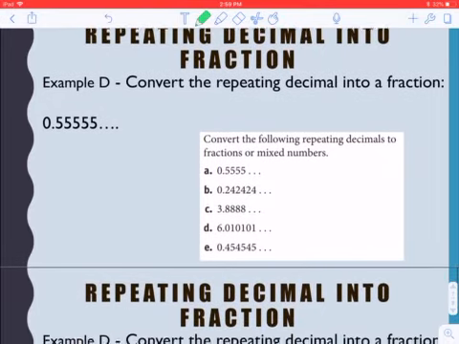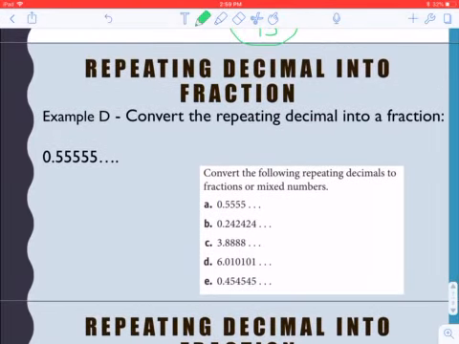Let's do another one. I'm not going to do all of these. I'm just going to do a couple. So I want to convert the repeating decimal into a fraction. It's 0.5 repeating. Again, the first step is to make x equal to 0.5555.